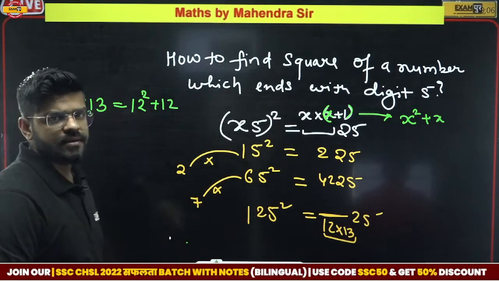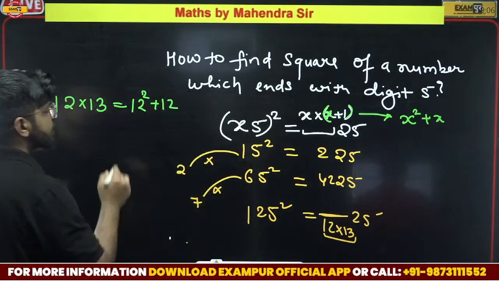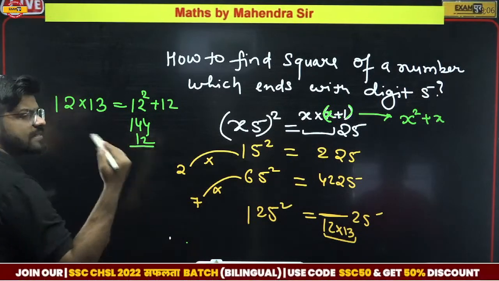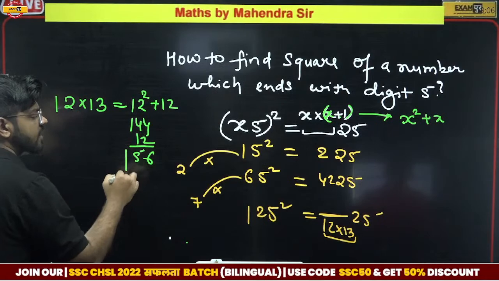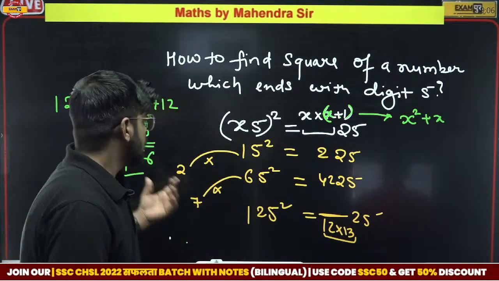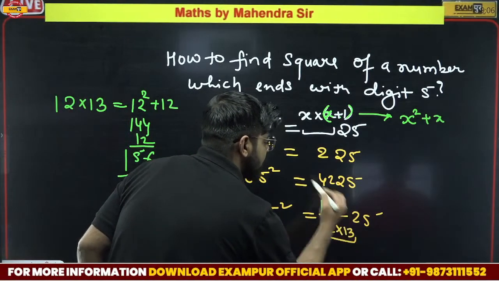Did you get that? So 12 square is 144, and plus 12 we can easily do. Here we get 6, here we get 5, and here we get 1. So 156 is 12 square plus 12. So finally we can write it here.